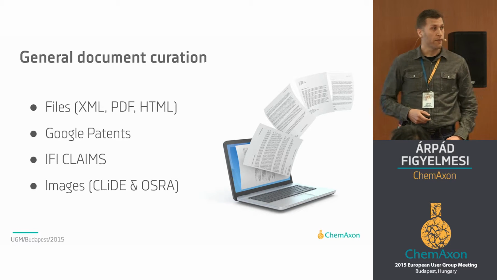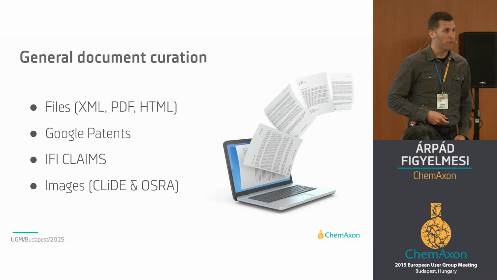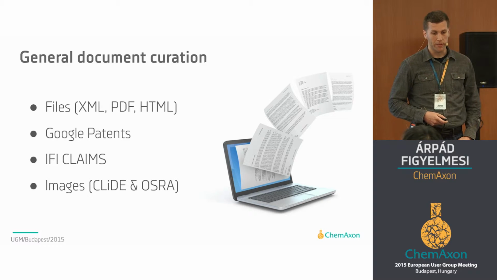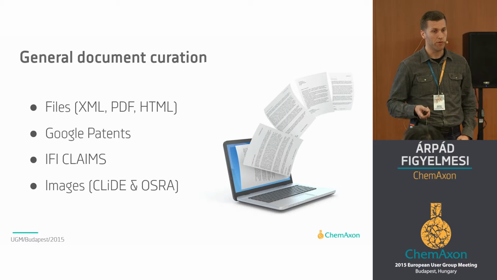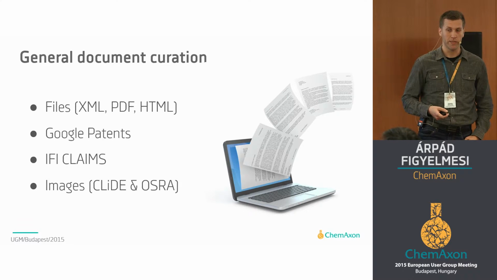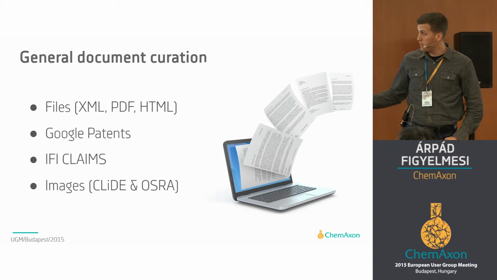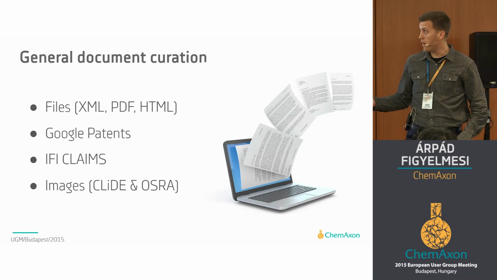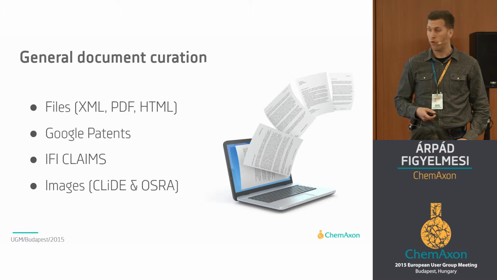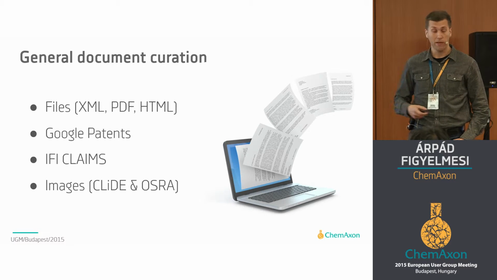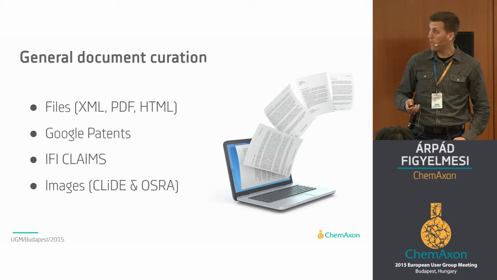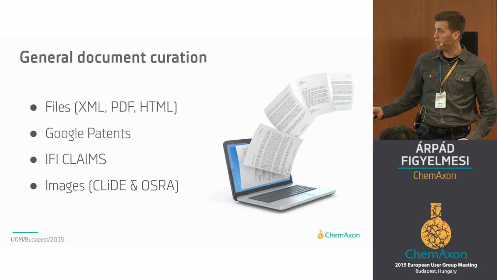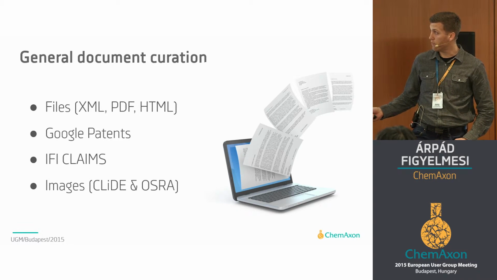ChemCurator is primarily designed for extracting chemical information from patent documents, but you can use it not only for patents, but also for journal articles or company reports, depending on your needs. Because it's based on the naming technology, it's able to handle a wide range of different input formats, including XML, PDF, or HTML documents, and we also have some import wizards.